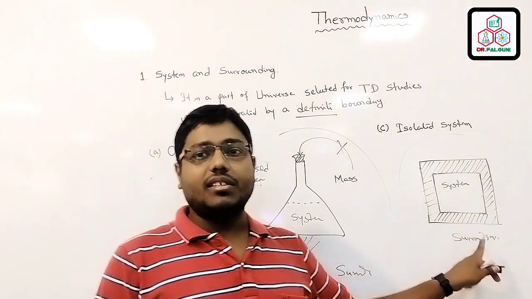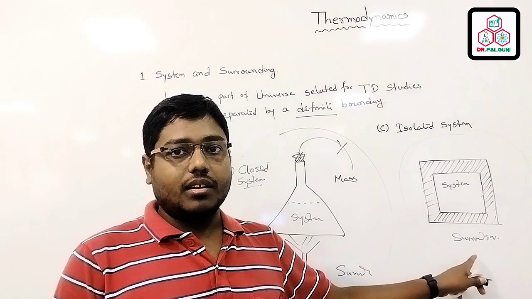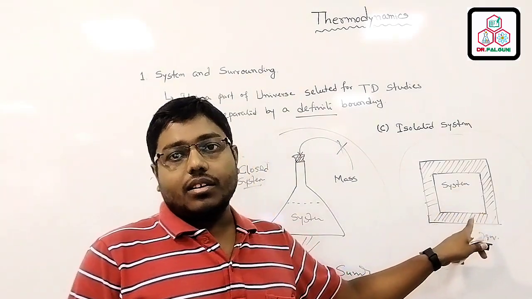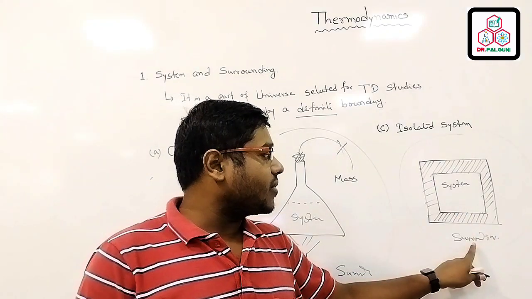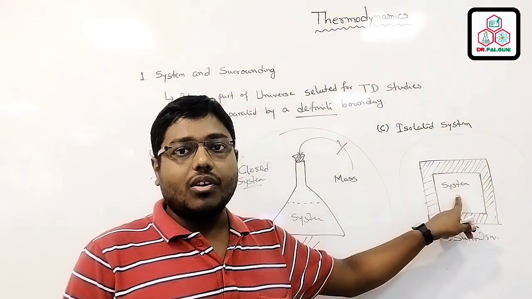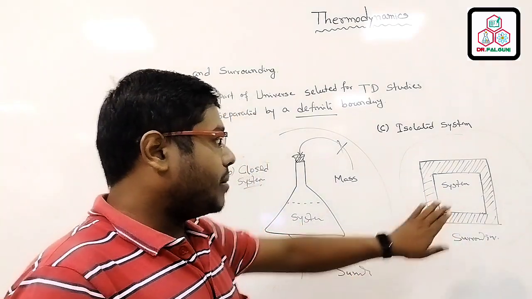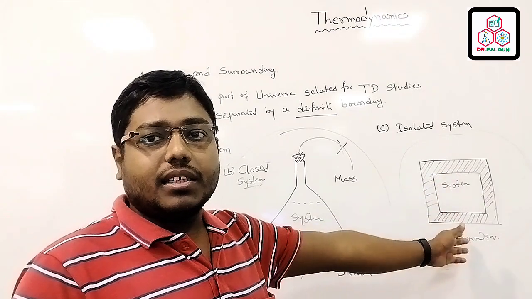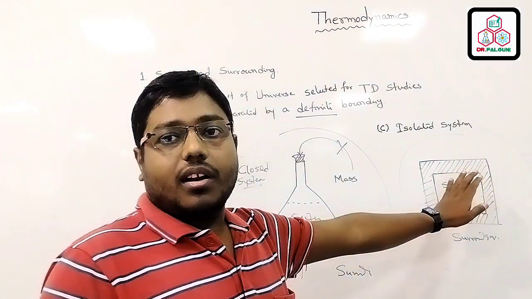So in the isolated system there is a restriction. Neither heat nor mass can be transferred from surrounding to system or system to surrounding. That means in isolated system, mass and energy cannot be transferred.